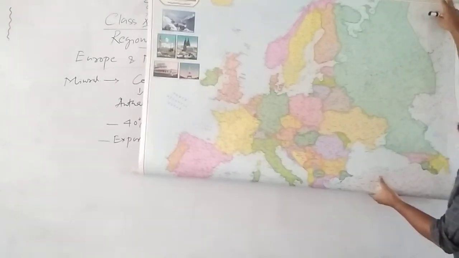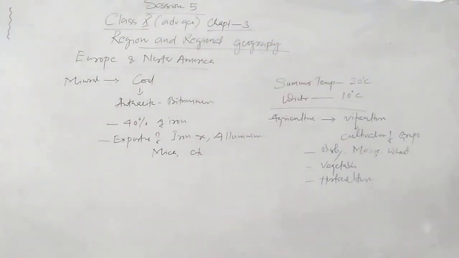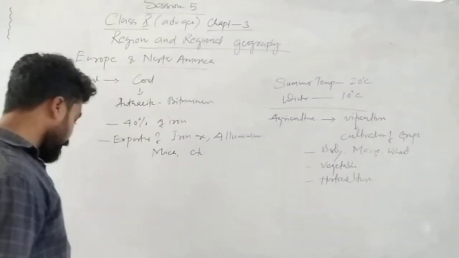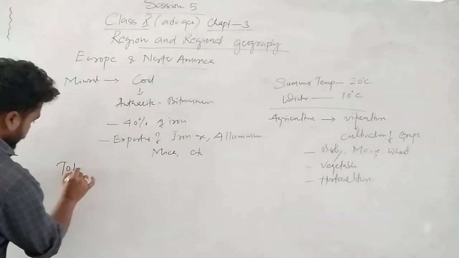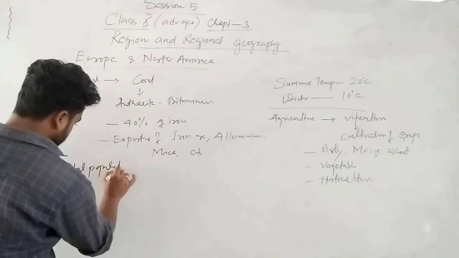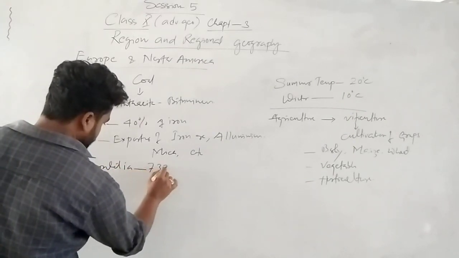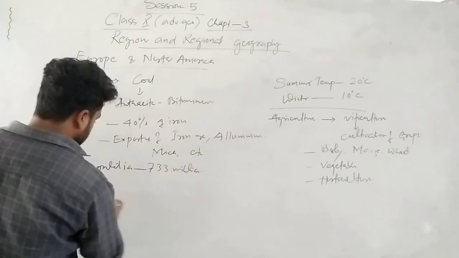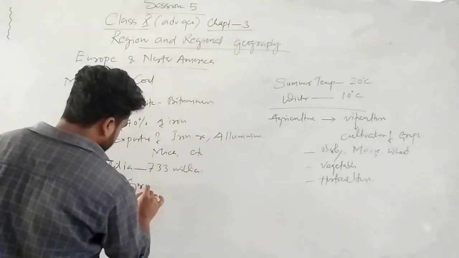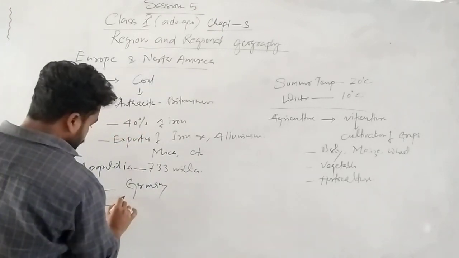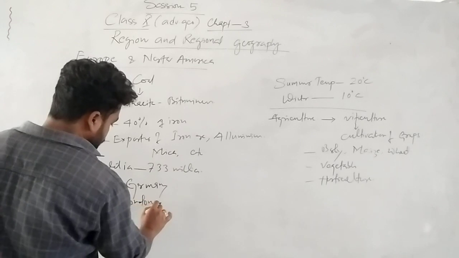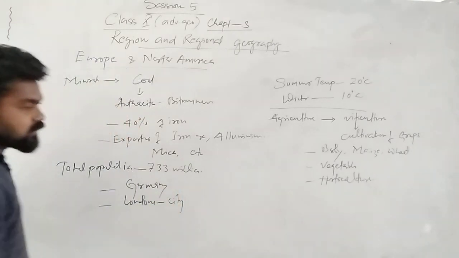Okay, we will see what the different population structures in Europe are. So the total population is 733 million. Germany is the most populous country, and among cities, London is the most populous city.